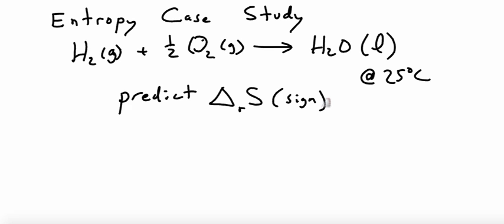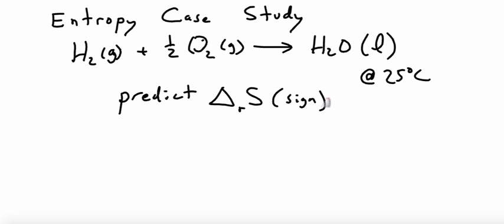You'll often be asked to predict whether a reaction would have a positive or negative delta S. So you're looking at the entropies of the products and the reactants. And you can do a pretty good job of this as long as there's a change in the number of moles of gas. So if we look at this, we can see on the left-hand side we've got 1.5 moles of gas. On the right-hand side we've got 0 moles of gas.